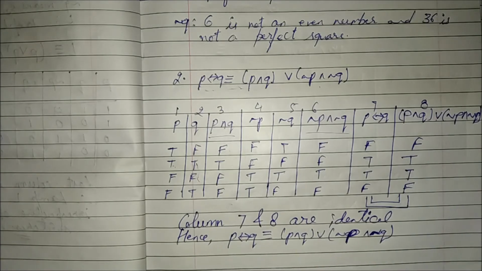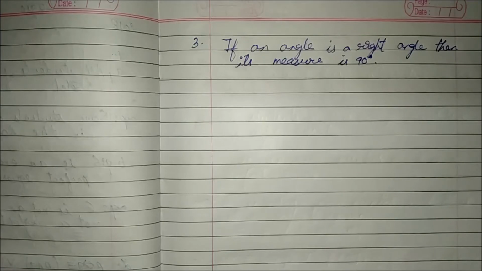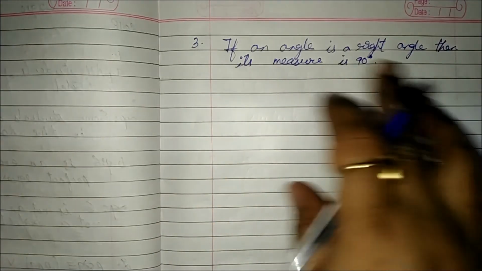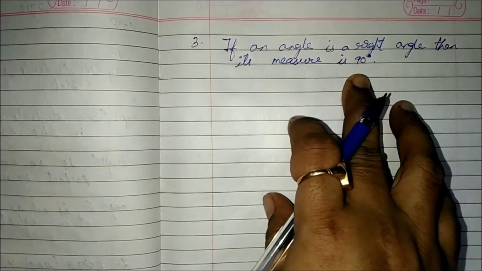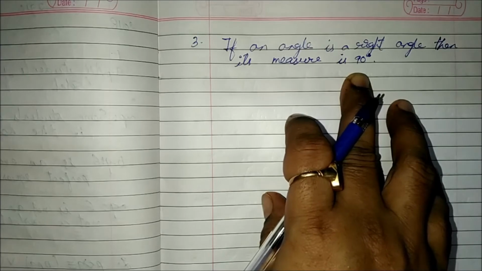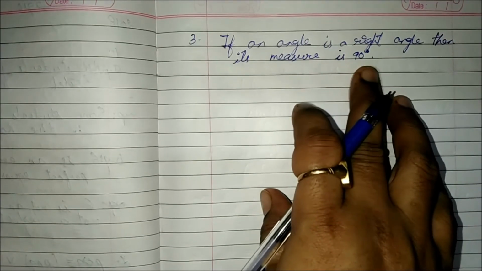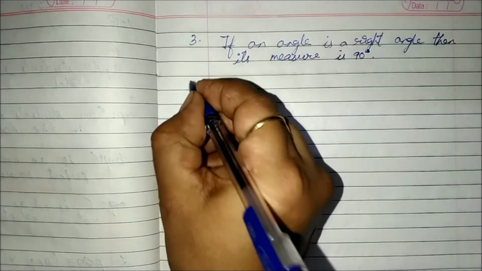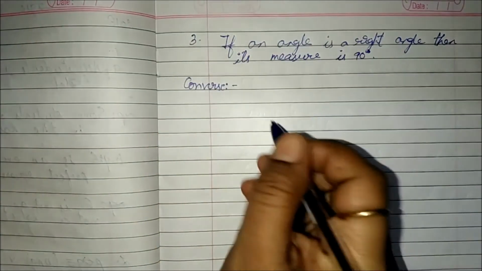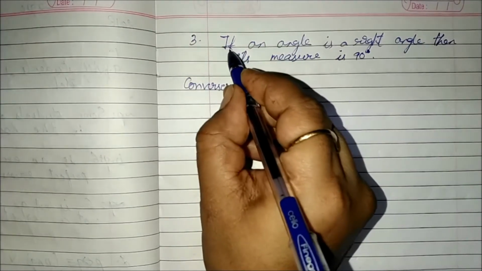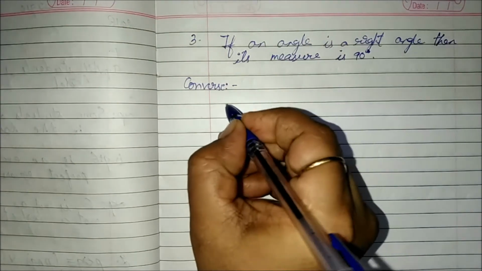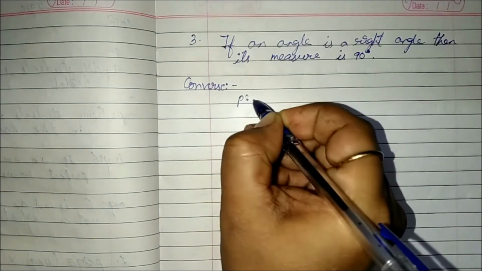Now we will see the solution of question 3. Third question of year 2018 is, if an angle is a right angle, then its measure is 90 degree. This is the given statement. We have to find the converse, inverse and contrapositive of this statement. Okay, first we write P. What is P?